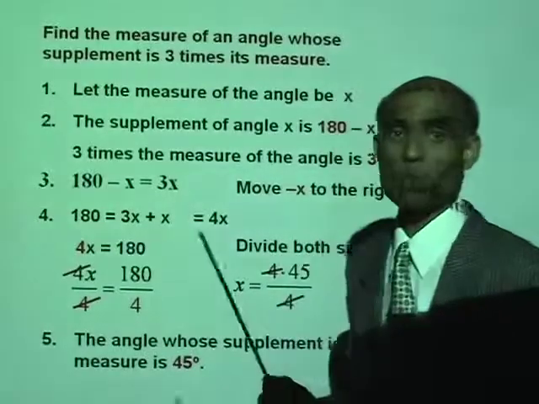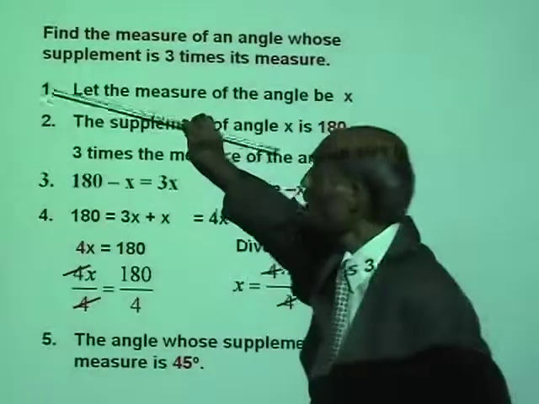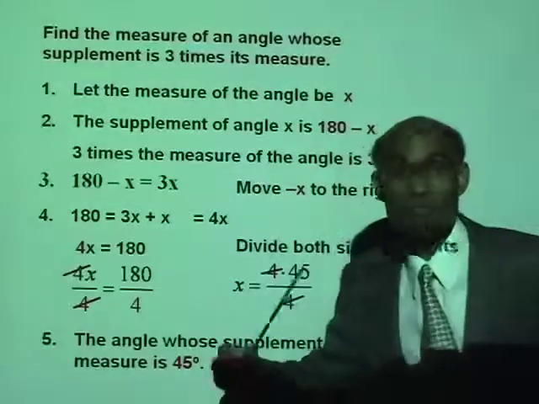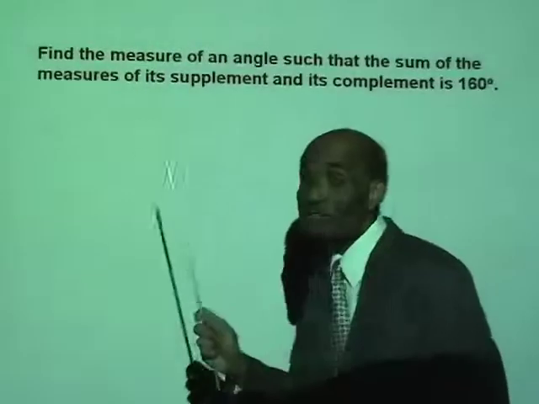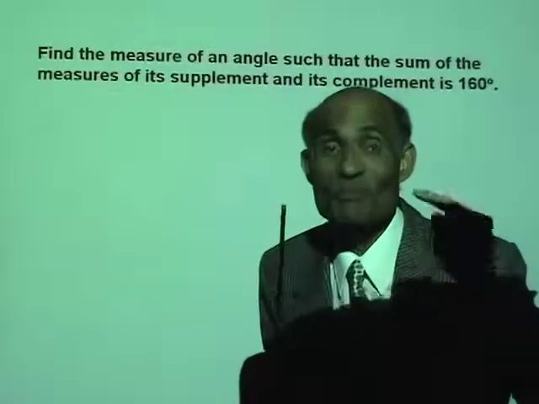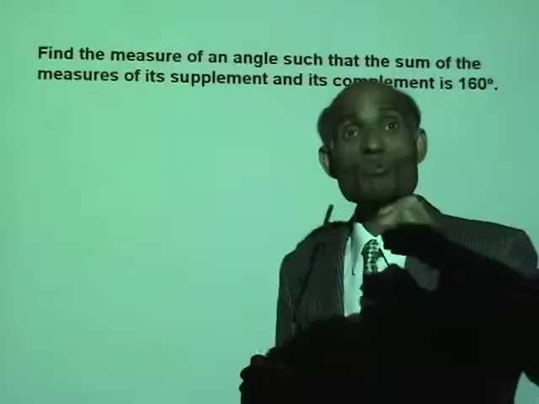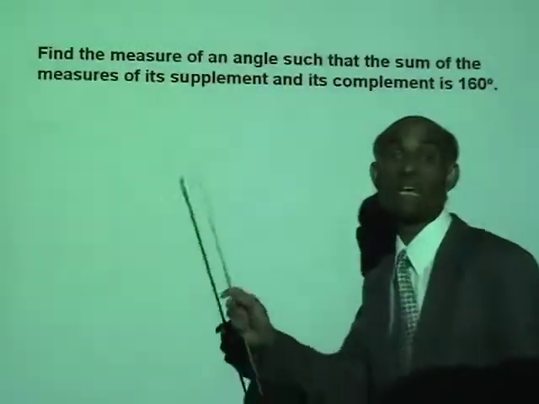Let's do another one. If you follow these steps, I have been following these 5 steps in every problem. Another one: find the measure of an angle. Again, you have been asked to find the measure of the angle. So we start by saying, let the angle be x. What are the details given?